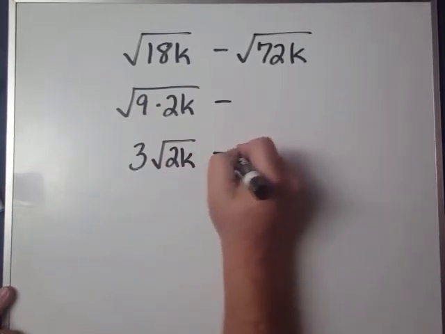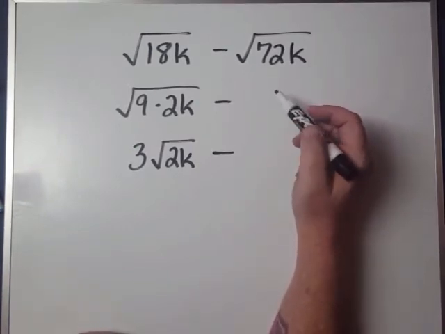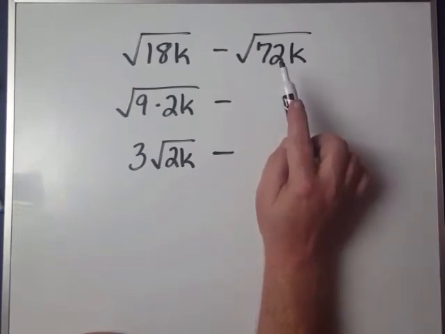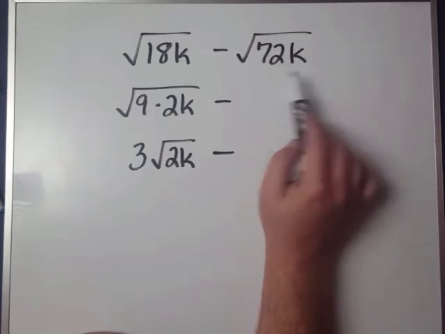And minus... does 72 contain any factor which is a perfect square? I showed you a 72 the other day. It's best to get the biggest perfect square factor out right off the bat.